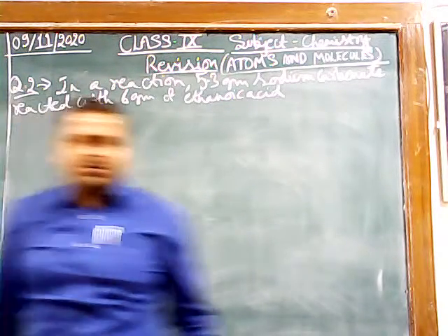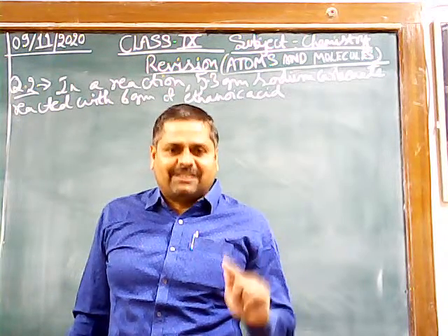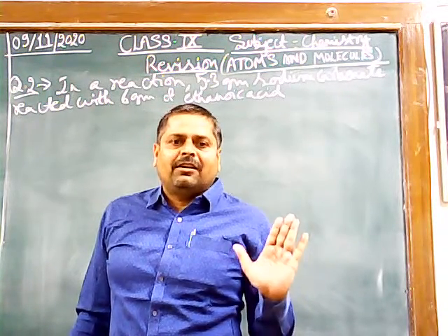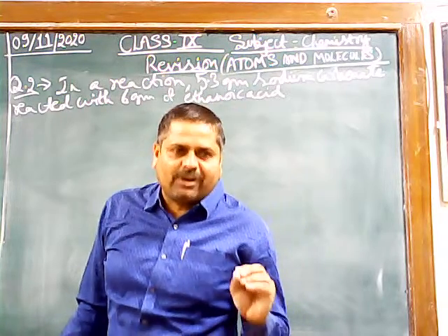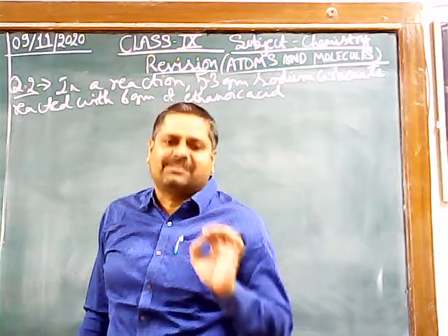What is the common name of ethanoic acid? It is acetic acid, which is the main component of vinegar. What is vinegar? Vinegar is what we use in our pickles. Okay, children?